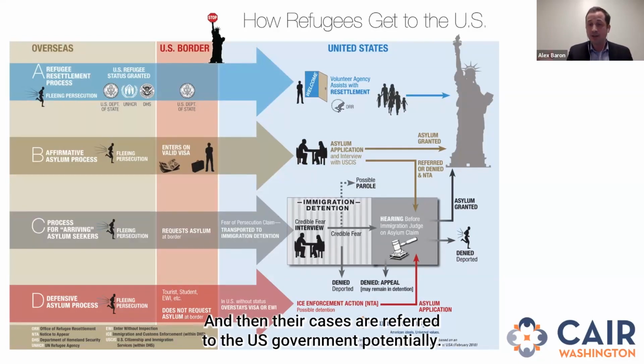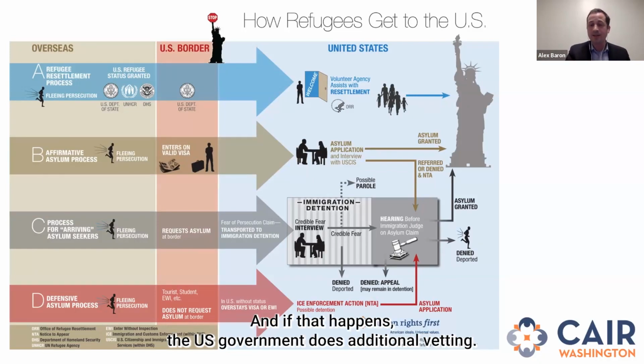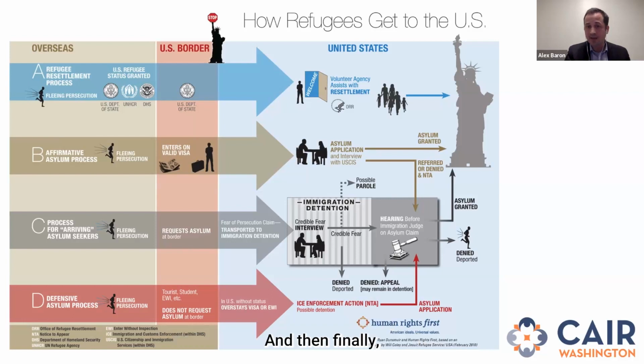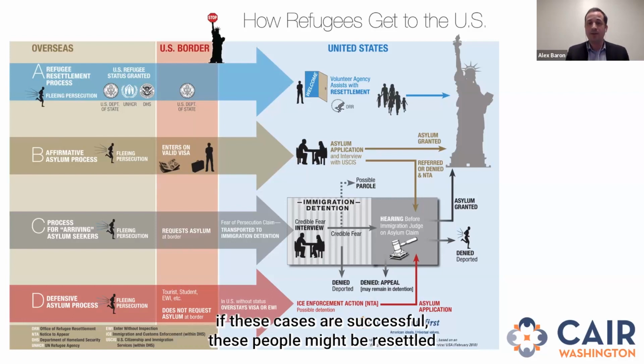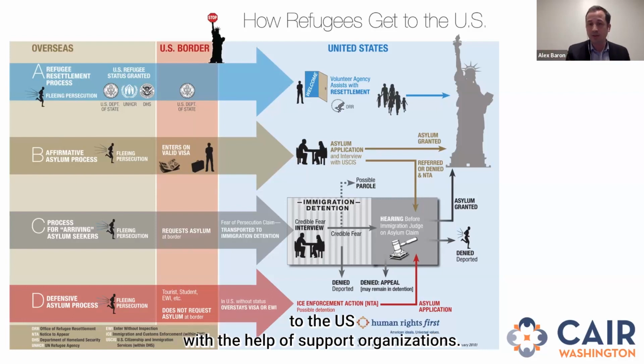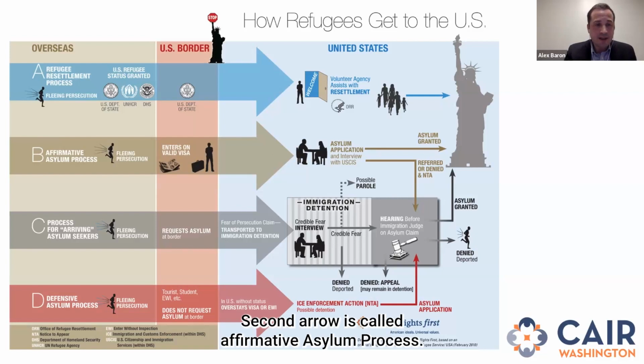And then their cases are referred to the US government, potentially. And if that happens, the US government does additional vetting. And then finally, if these cases are successful, these people might be resettled to the US with the help of support organizations.